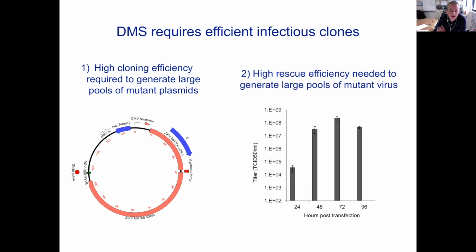And this plasmid happened to satisfy those criteria. It was non-toxic in bacteria, which isn't true for all flavivirus-encoding plasmids. And it produced large amounts of virus very quickly. What that meant is that we could generate lots of pools of mutant plasmids and rescue those efficiently and not bottleneck anything during those steps of our library screen.